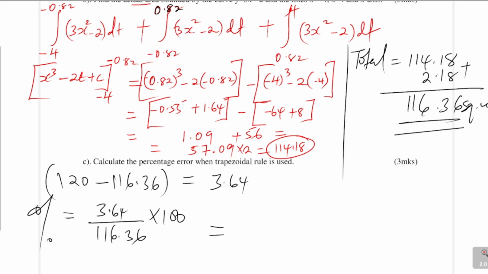So divide by 116.36, and then multiply that by 100. You get a percentage of 3.128%. Remember always to leave your answer correct to significant figures, unless advised otherwise. All right, so that is how you're supposed to solve that part.